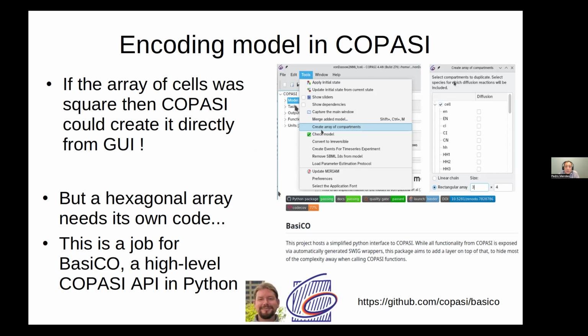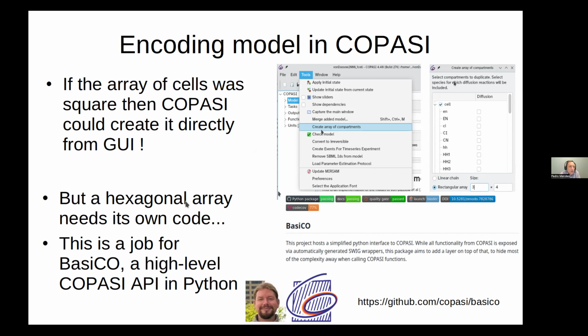However, they used hexagonal arrays, and hexagonal arrays COPASI cannot do. In fact, as I had to code this, I can tell you, if you're ever going to create a model like this, never use hexagons. Use squares, octagons, anything that is a power of a prime number. Do not use 6, which is not a power of a prime number.